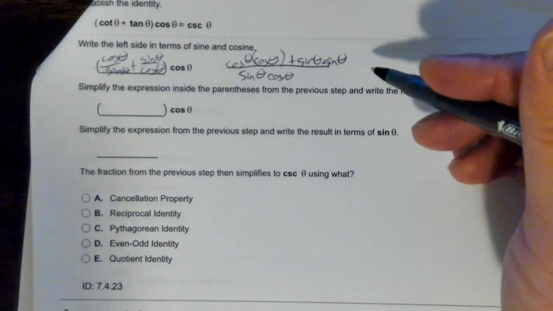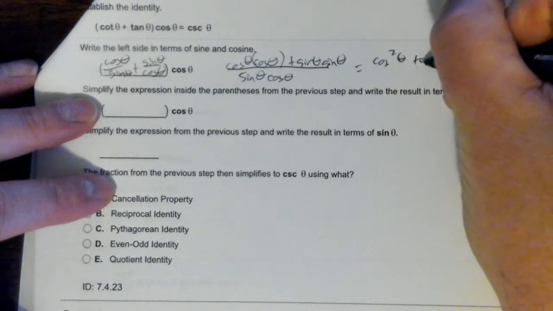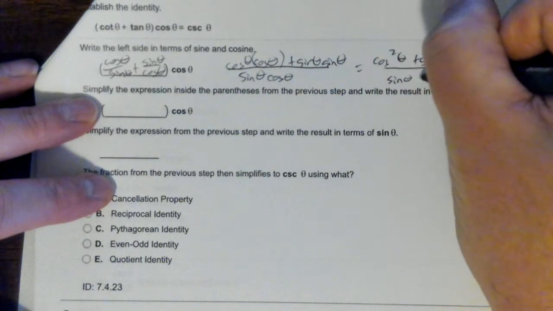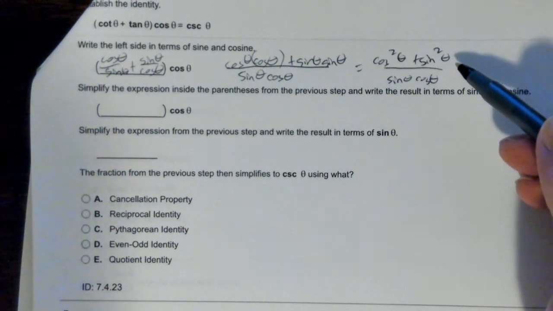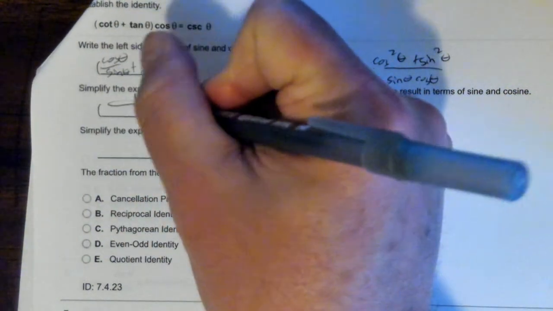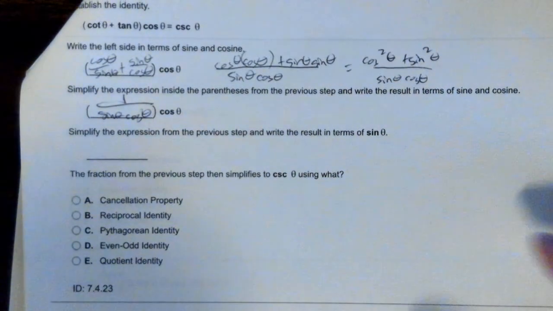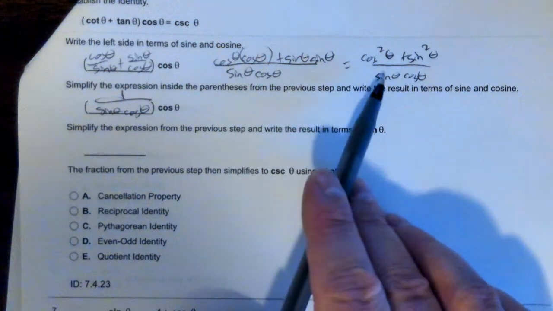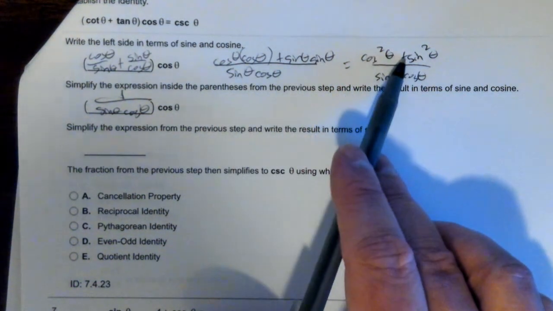And so this ends up being cosine squared theta plus sine squared theta. And then that's equal to 1. So that's how you end up getting 1 over sine theta cosine theta. So it's from these extra steps. Get a common denominator, and then square them, and then that Pythagorean identity.